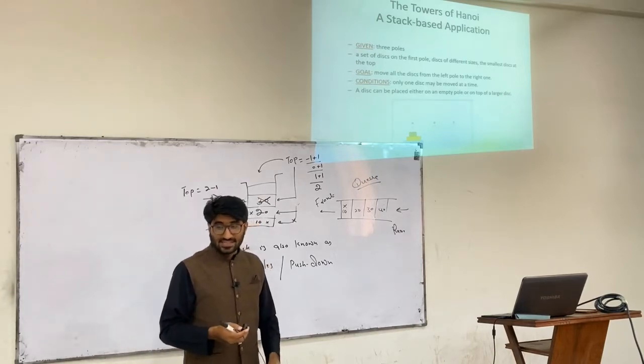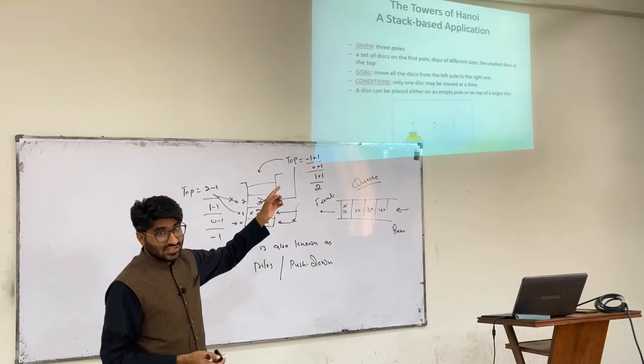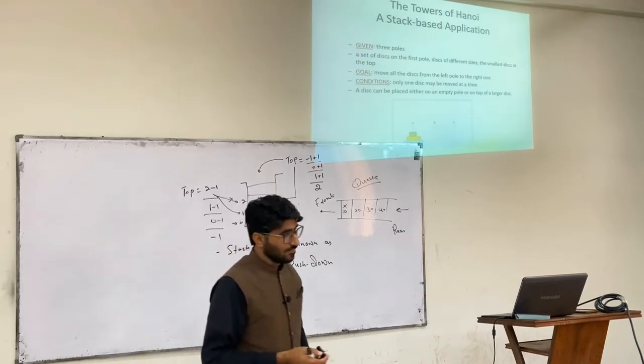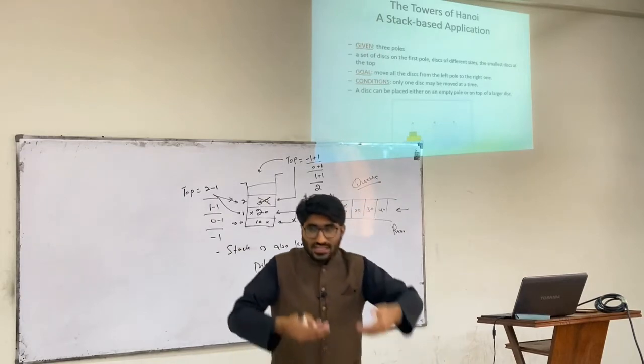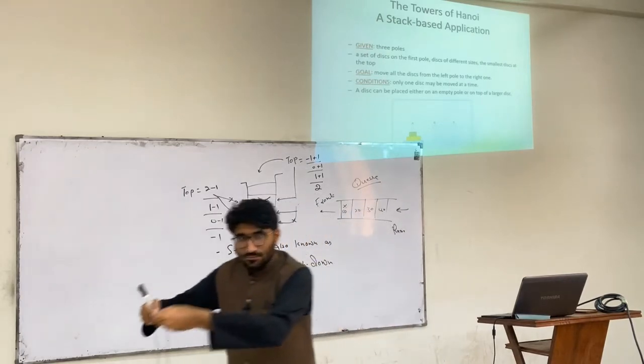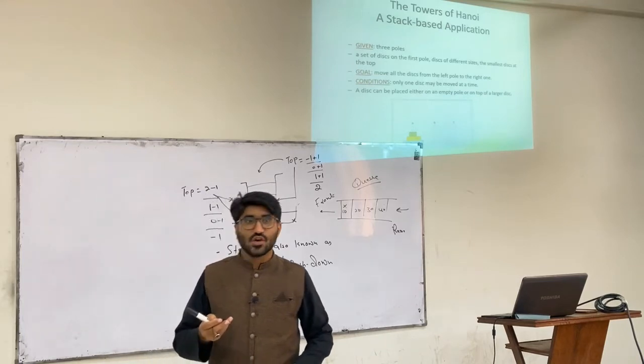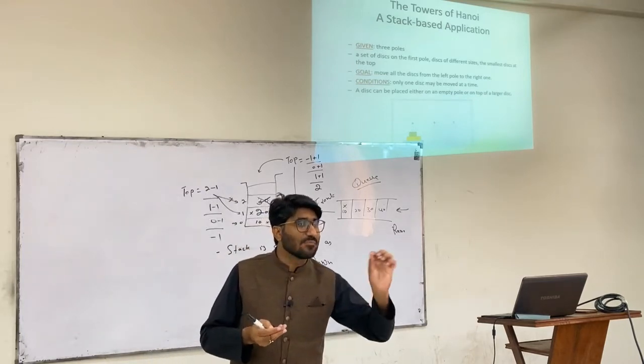Yes. So we have different conditions. Only one disk may be removed at a time. You cannot just take all 3 disks and put them on the pole C. No, you cannot. You have terms and conditions. You have to follow the rules. Rule number 1, take one by one.